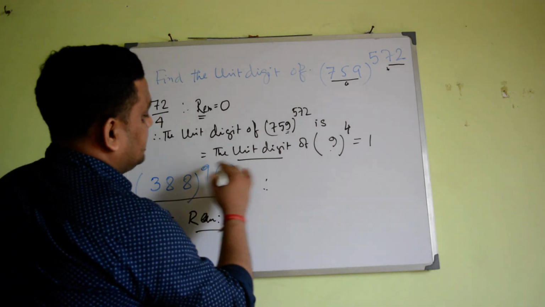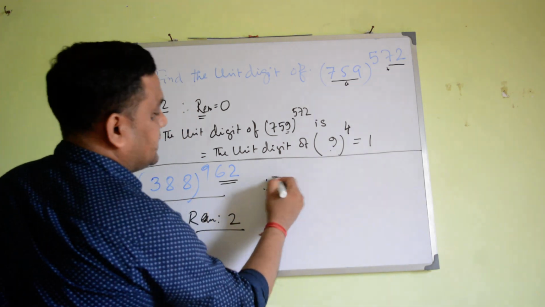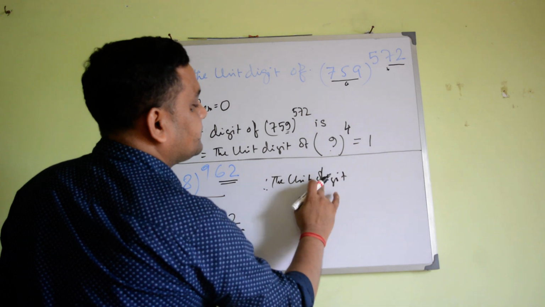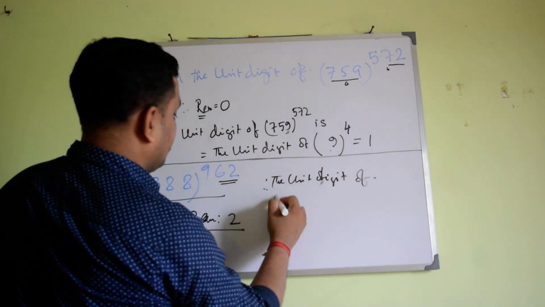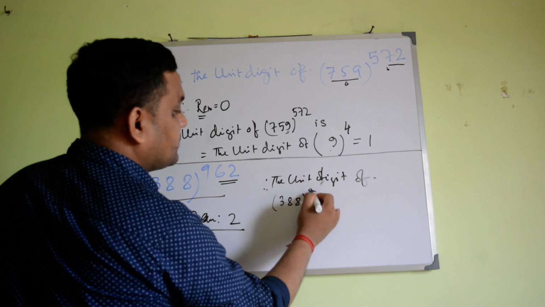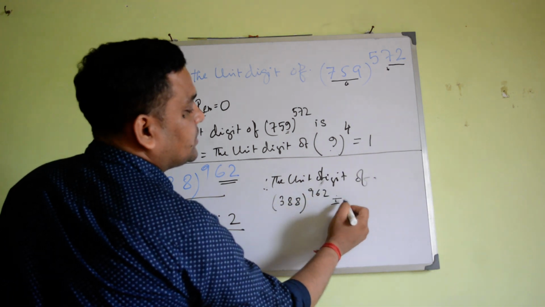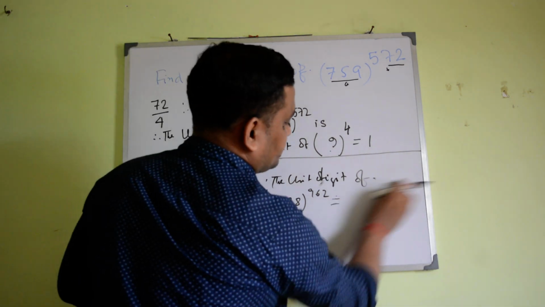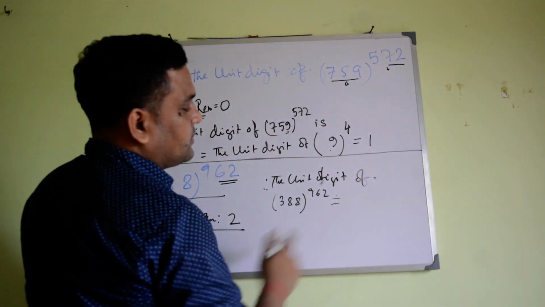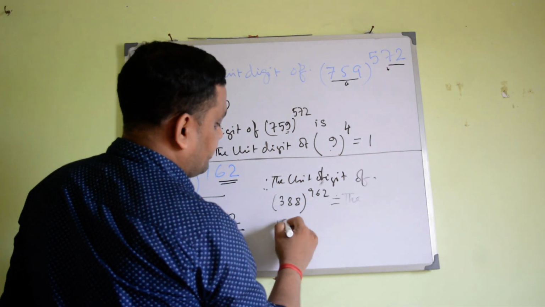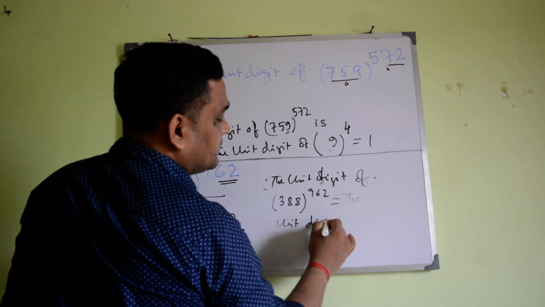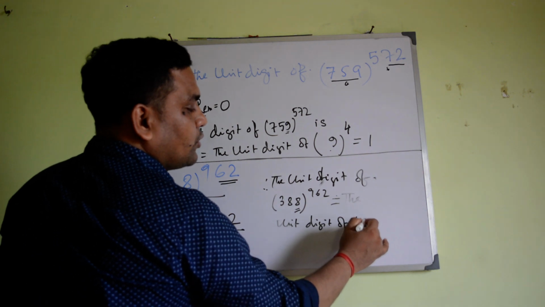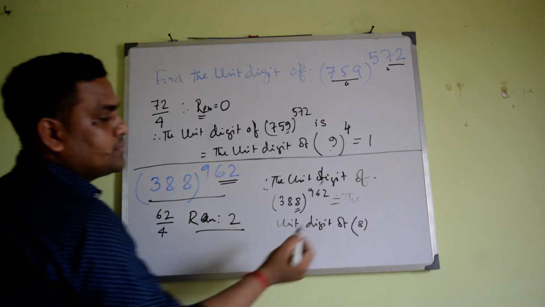So therefore you can say the unit digit of that number, 388 whole to the power 962, is equal to the unit digit of the last digit of A. Last digit of A means 8 whole to the power, here the remainder is 2, so no problem.